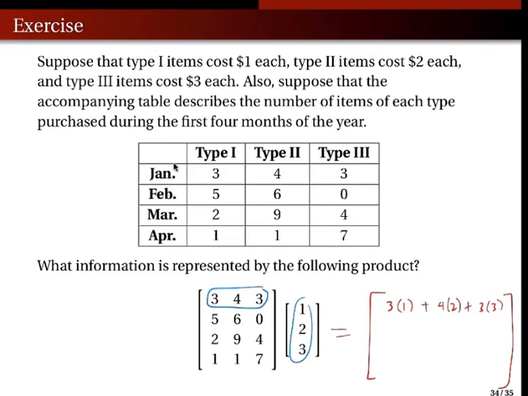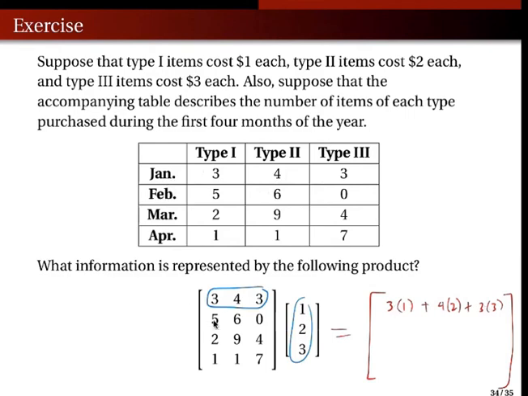So this first row represents all the number of items for January. Everything: type 1, type 2, and type 3. These numbers are the items purchased in January. Then if you multiply this by 1, by 2, by 3, you will have that row, and that means that's the total cost for January.